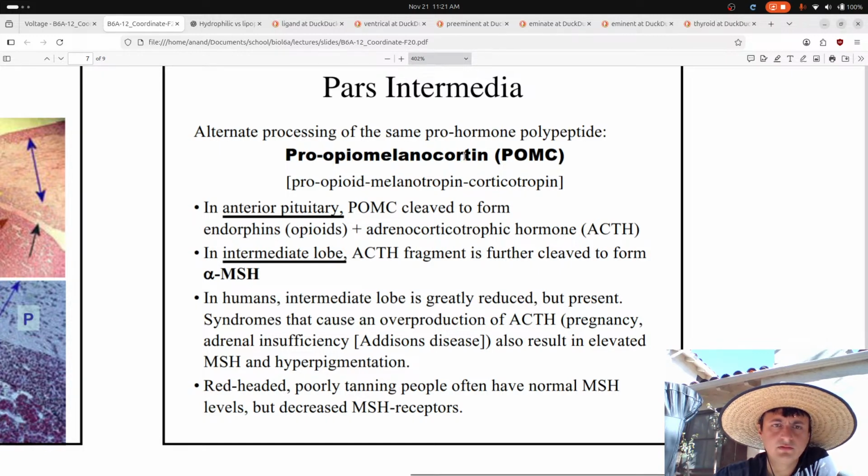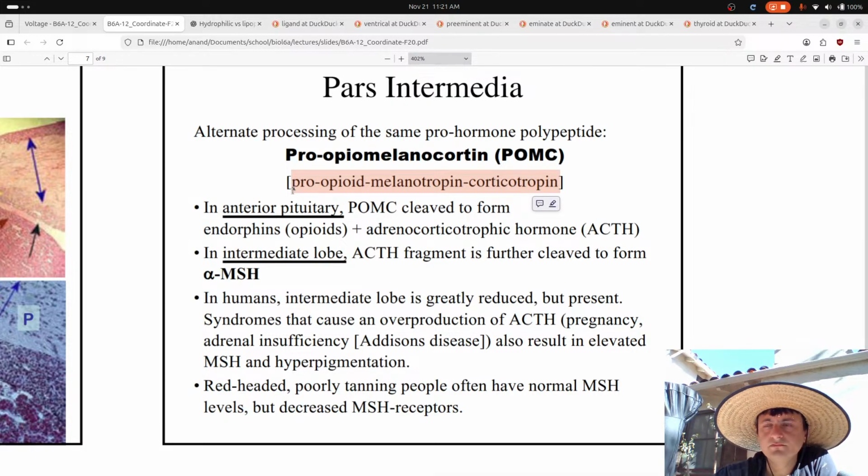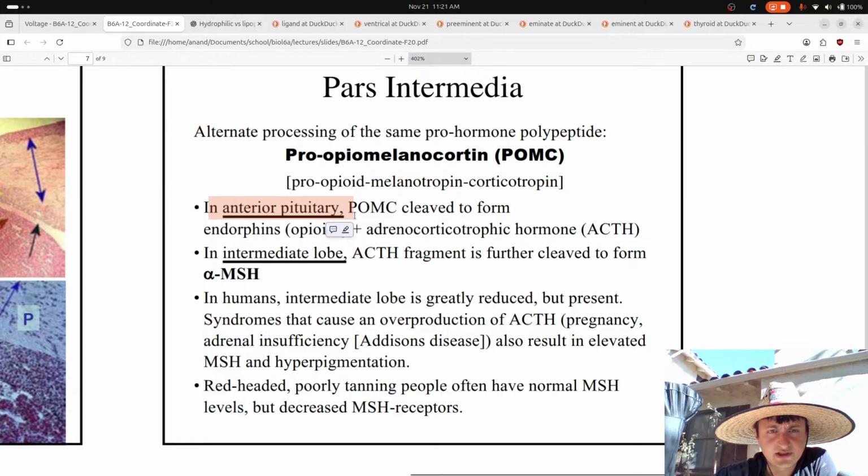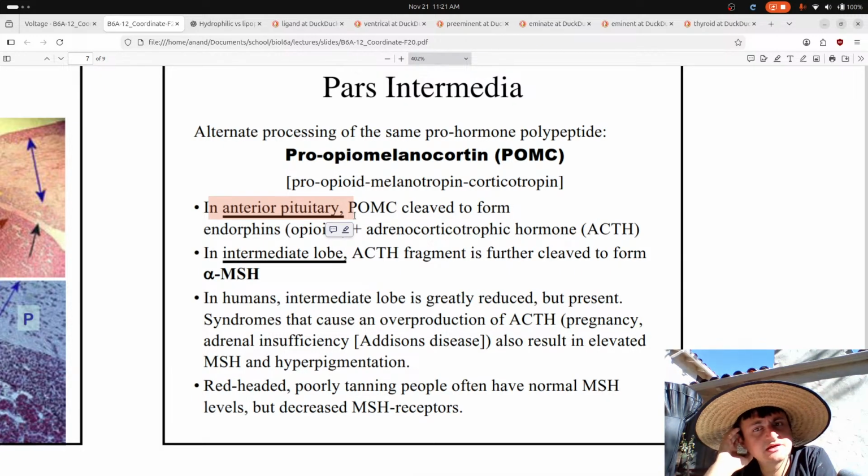Whoa. What a name. In the anterior pituitary, POMC is cleaved to form endorphins.